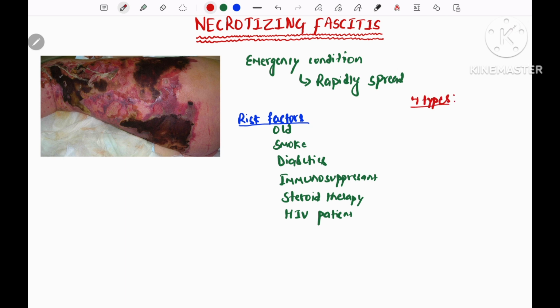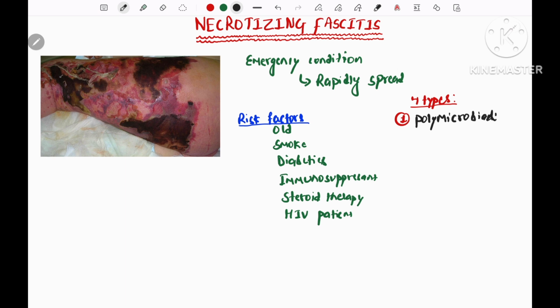The first one is polymicrobial. Polymicrobial means there is a group of organisms, not only a single organism.